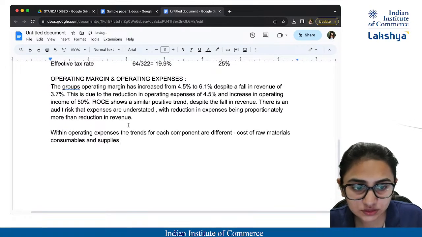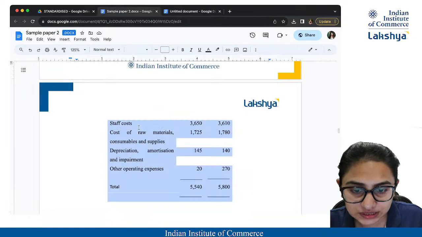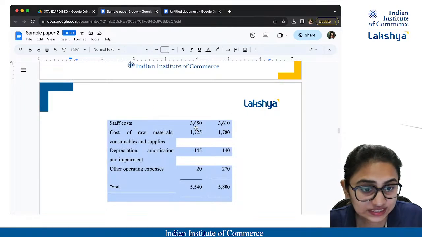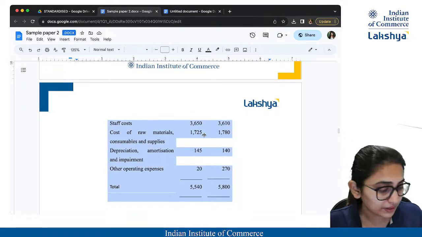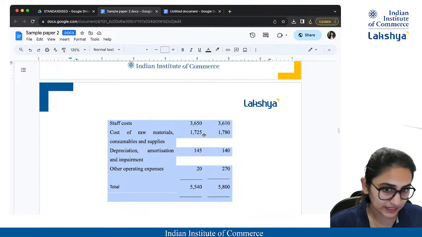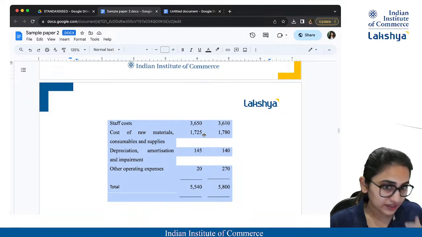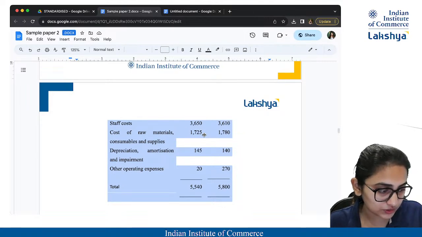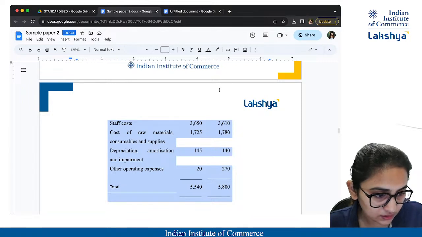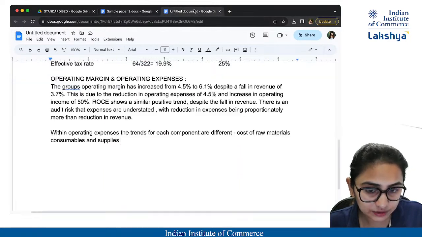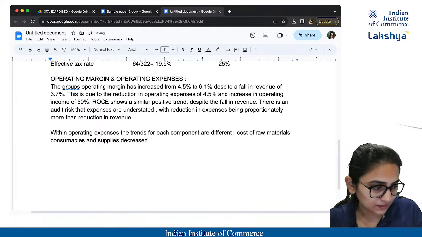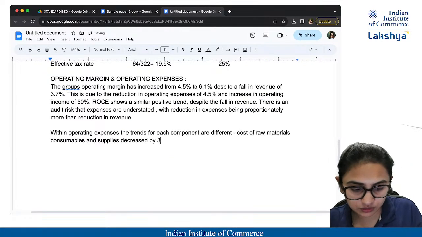So what happens in cost of raw materials, consumables and supplies? They are decreasing. They are decreasing by how much? 1780 minus 1725 divided by 1780 into 100, that is 3.9. Sorry, 3.1, not 3.9.